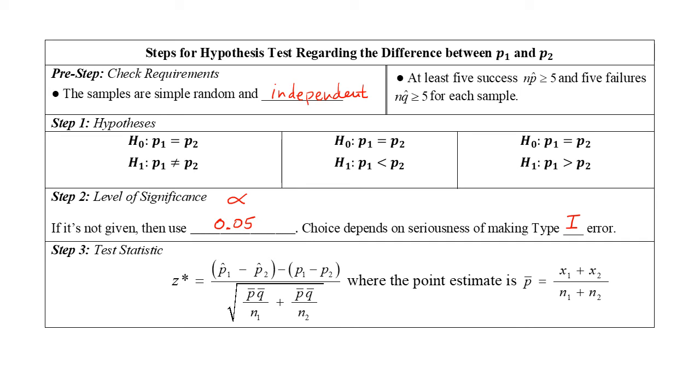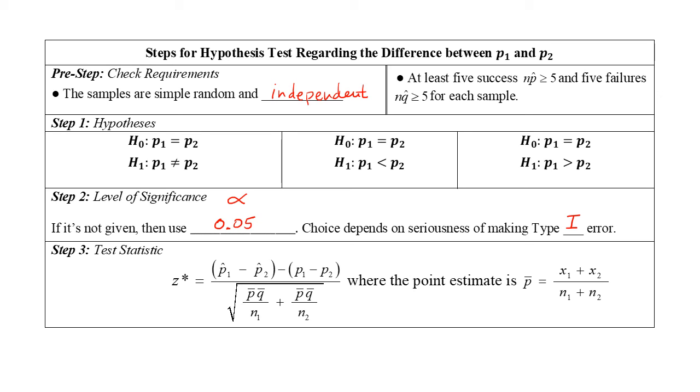And below here we see the test statistic. Notice it's essentially the test statistic that we were using for proportions before, but slightly adjusted, where here we have the difference between our point estimates and then the difference between our claimed proportions.